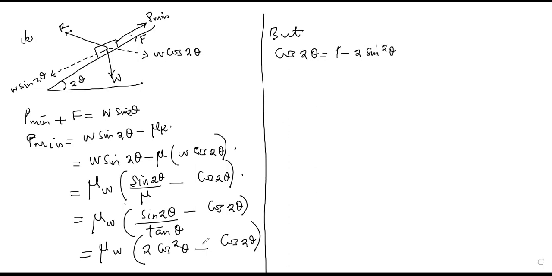I'm trying to do my best to make sure that I remain with the 1 here, because the answer needed is mu W. So my P minimum is equal to mu W into 2 cos squared theta minus cos 2 theta, which is 1 minus 2 sine squared theta.